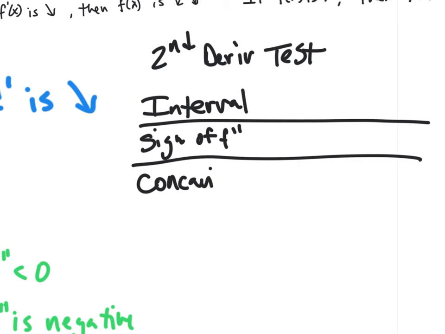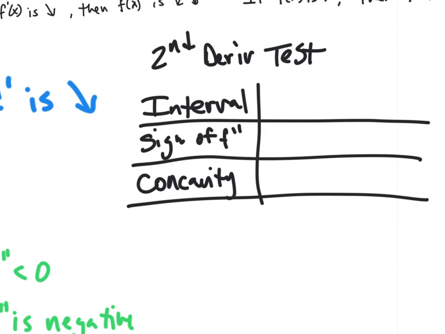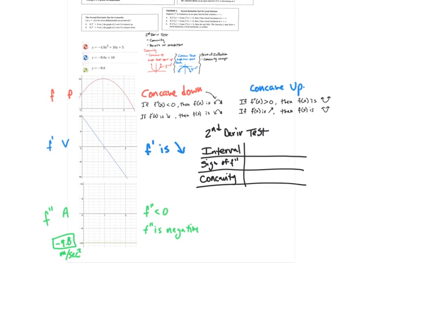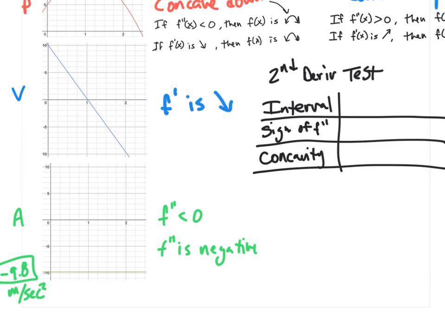I'm going to do this a bunch of times, so if it doesn't make sense right now, that's okay. What the second derivative test allows us to do is find points of inflection, but it also tells us where we're concave up and concave down.